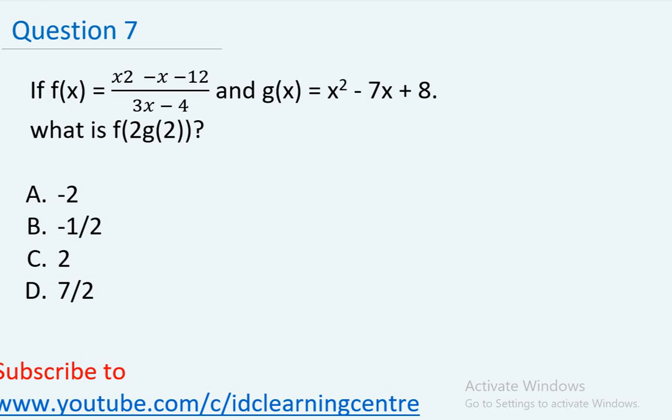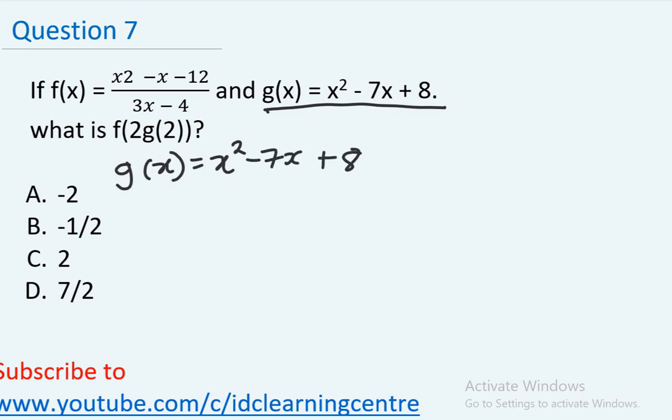We know that, according to the question, this is the value of g(x). So g2, since g(x) is x squared minus 7x plus 8, when x is 2, we have 2 squared, replacing x with 2, minus 7, replacing x with 2, plus 8.